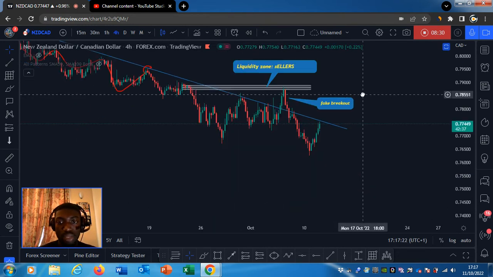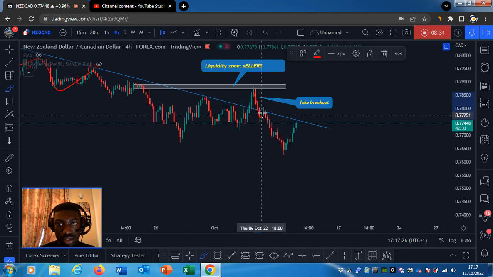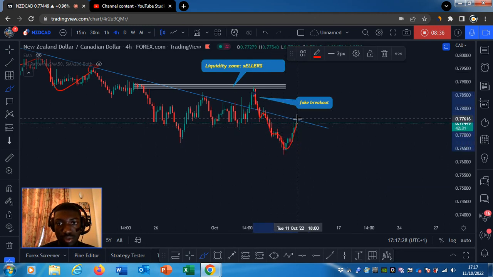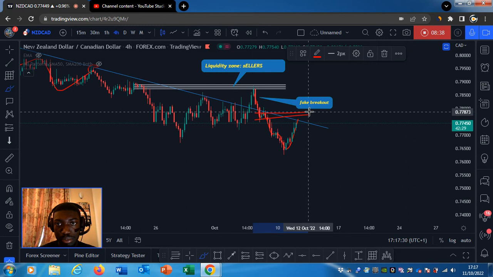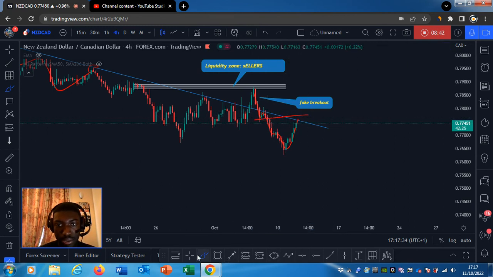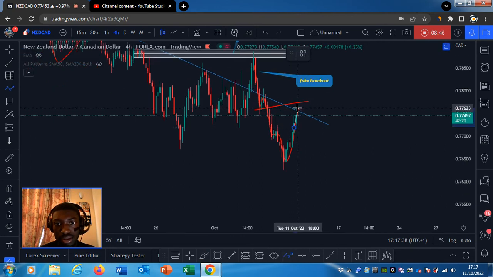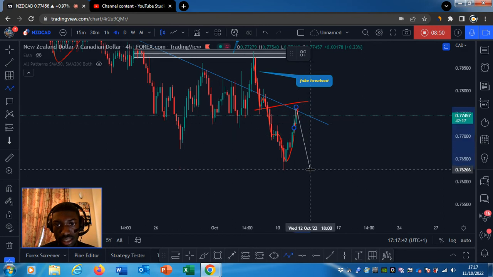So let's say we have a retest of price. Already we can tell this is a POI, a point of interest for traders. So a lot of traders will be looking for price to reject this level and to test the downside.